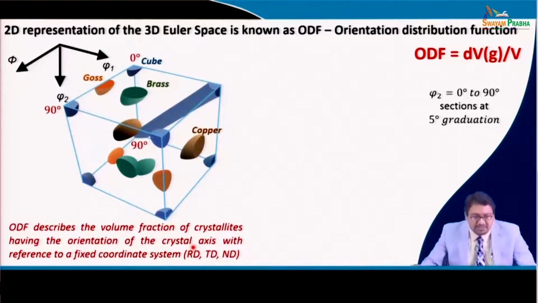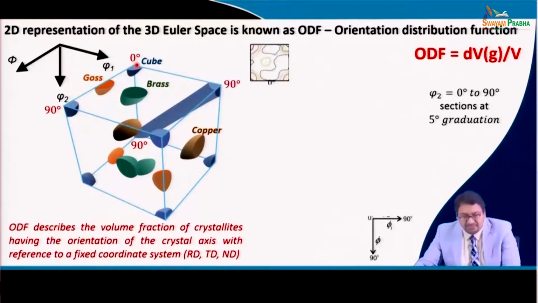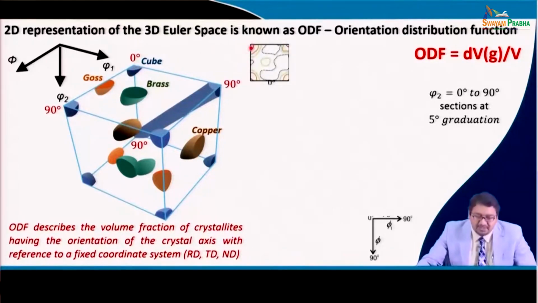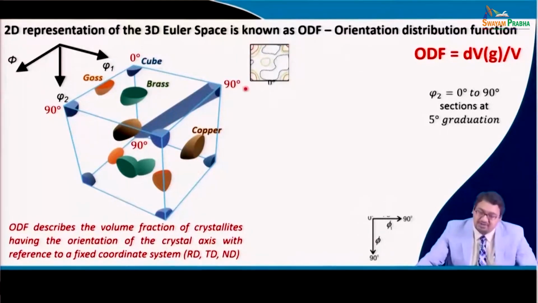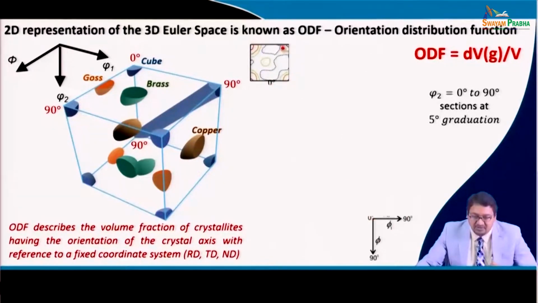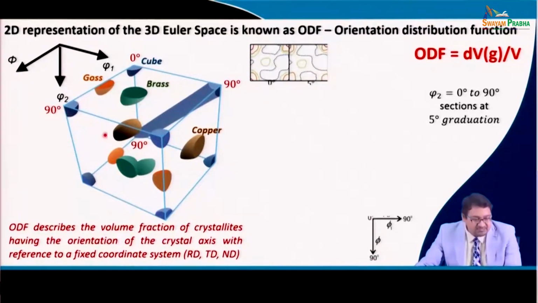So, you see if we take the first section at phi 2 equal to 0, we obtain this kind of ODF section which has phi 2 equal to 0, and it goes from 0 to 90 degree phi 1 and 0 to 90 degree along phi, right. And then we can take another section which is just below this section, and then we can say that okay, this is a 5 degree section.